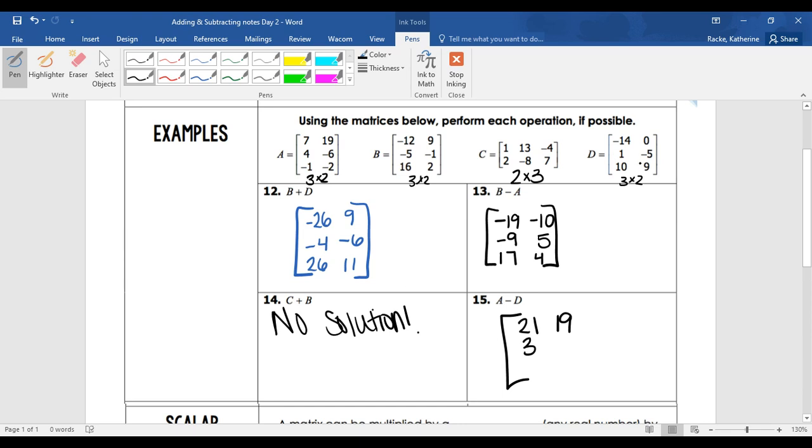Negative 6 minus a negative 5, so negative 6 plus 5 gives me negative 1.